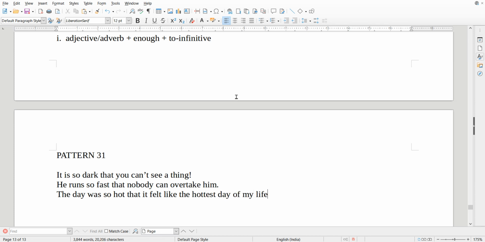Okay, so the structure is so plus adjective or adverb, plus that clause.